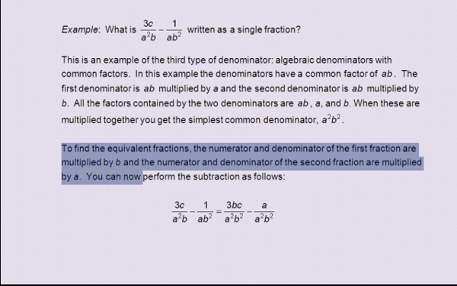You can now perform the subtraction as follows. 3bc divided by a squared, b squared minus a divided by a squared, b squared equals 3bc minus a all divided by a squared b squared.